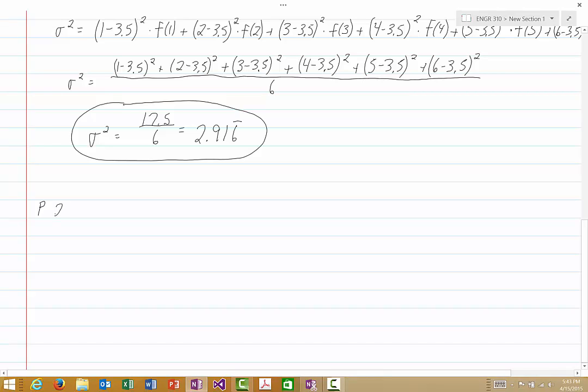So we have 24.6.6, and it says: find the mean and variance if f of x is equal to k times 1 minus x squared if negative 1 is less than or equal to x is less than or equal to 1, and 0 otherwise.